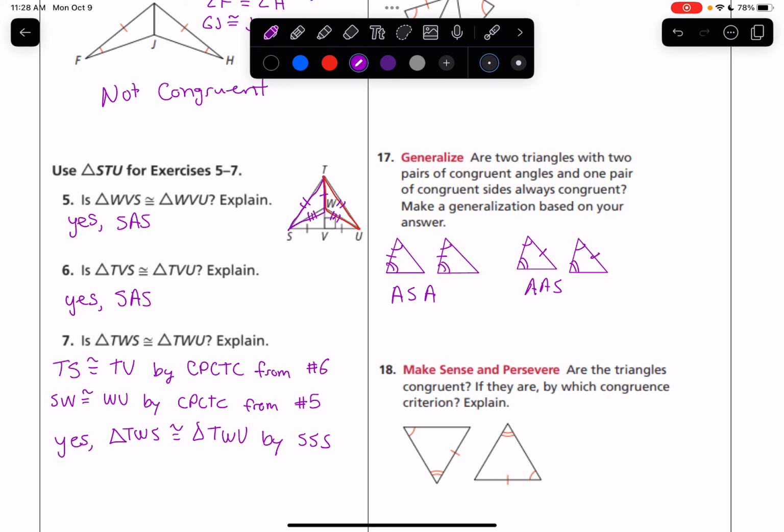So we can say yes, they will be congruent either by angle, side, angle, or angle, angle, side.